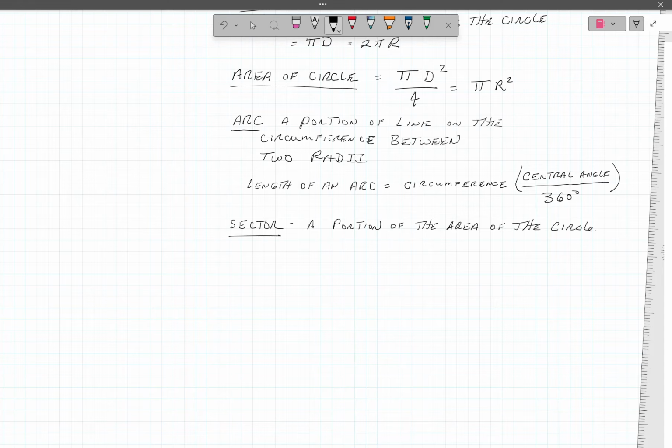Okay, and it's going to be defined as this: area of arc equals... okay.